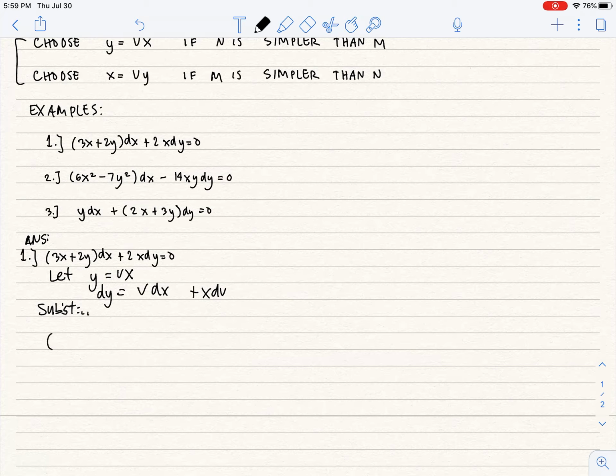So copy: 3x plus 2, now y is vx, so this is vx, then dx, plus 2x dy, which is now v dx plus x dv, multiplied by v dx plus x dv, equals 0.